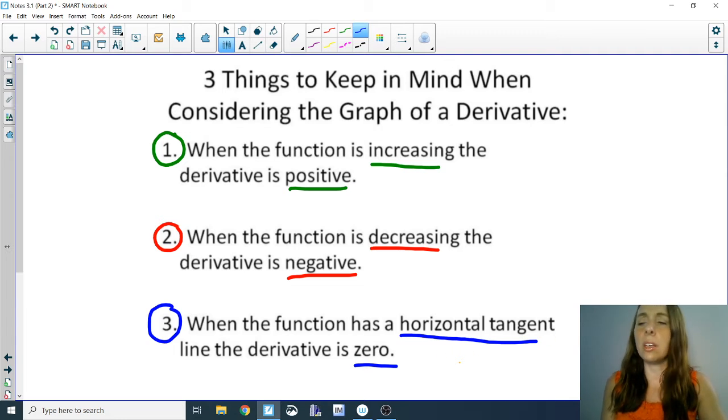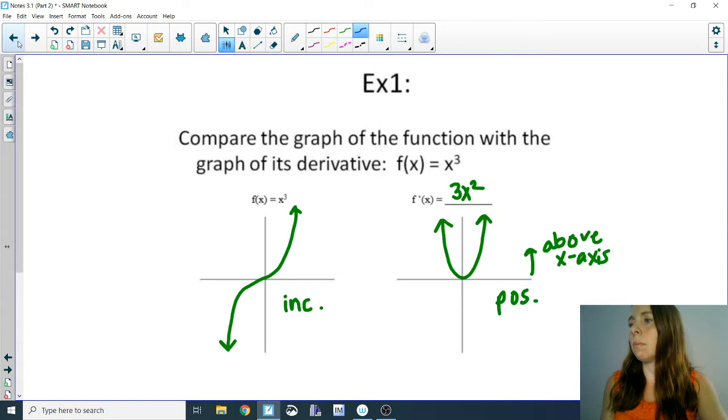Okay, actually, I'm going to point that out right here on f of x equals x cubed. It's kind of hard to see on this graph that there is actually a horizontal tangent at x equals 0. However, it's really easy to see that it is occurring when you look at the graph of the derivative.